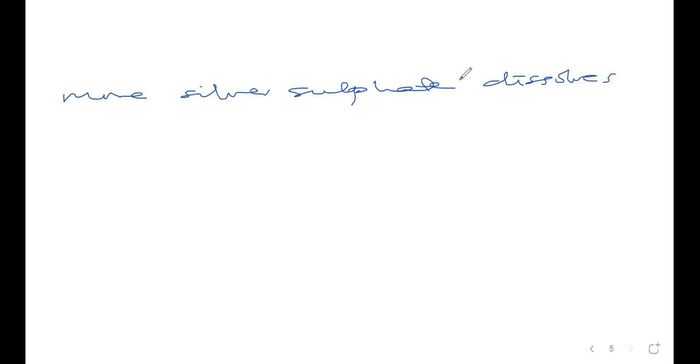I don't expect you to say more silver sulfate ionizes. That's wrong. Don't say it ionizes or it dissociates. So more silver sulfate dissolves. Why does it dissolve?